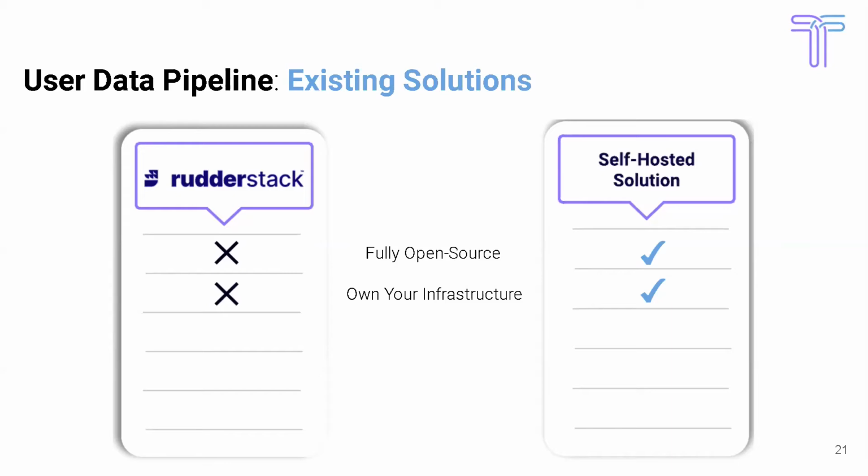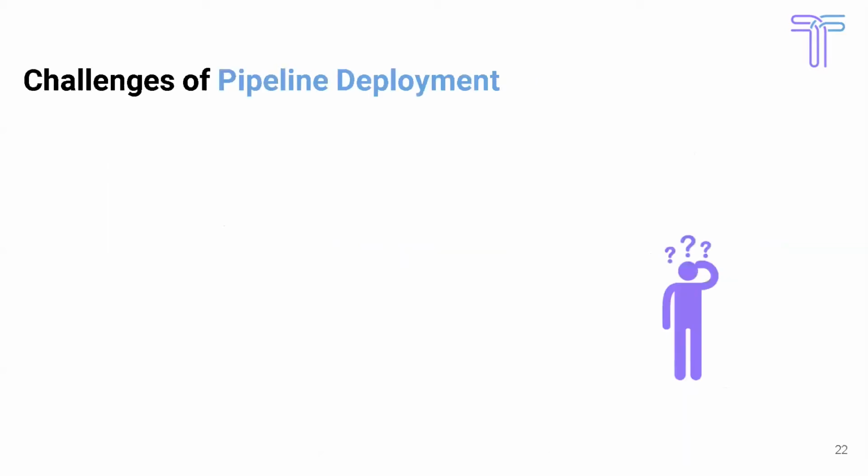One benefit of RudderStack is that it has lots of out-of-the-box features, whereas a self-hosted solution has none. One other advantage that RudderStack has over a do-it-yourself approach is a big one. RudderStack abstracts away infrastructure provisioning and management, making it extremely easy to deploy a user data pipeline quickly.